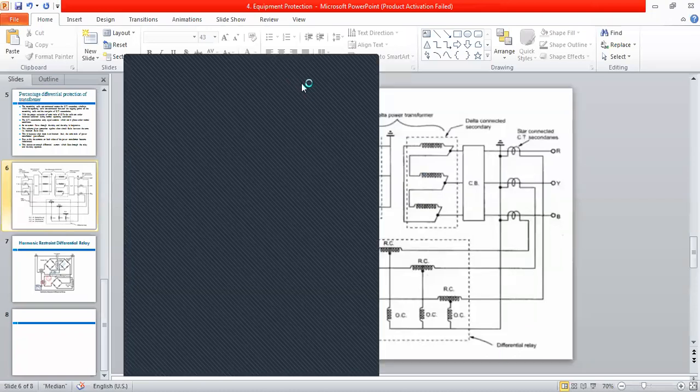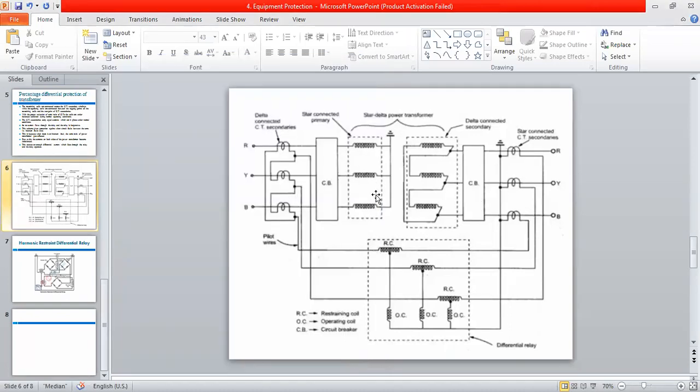Similarly, this Y phase CT, you can see this Y phase CT, it is connected to the Y phase CT at the secondary side, and this B phase CT from the primary is connected to the B phase CT at the secondary side.